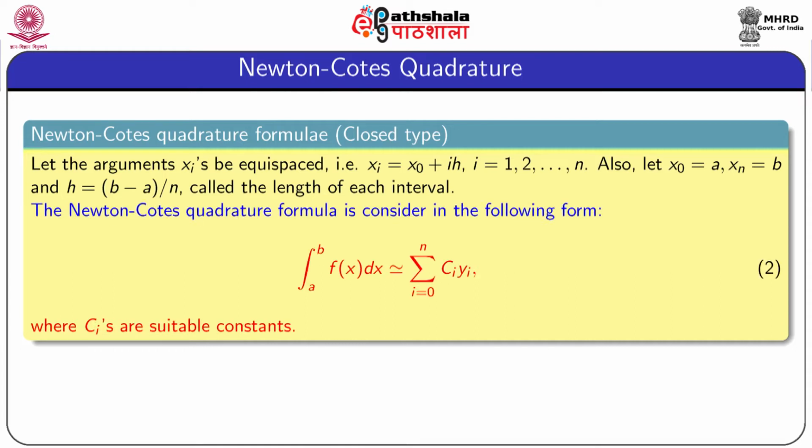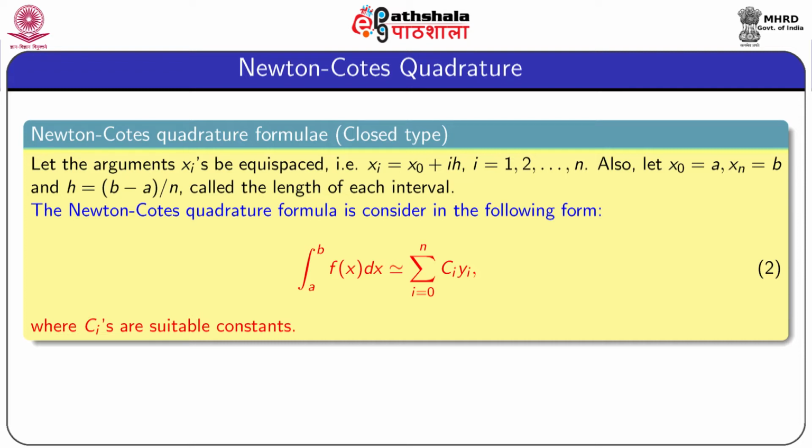The Newton-Cotes quadrature formula is considered in the following form: the integral from a to b of f(x) dx is approximately equal to the sum for i equal to 0 to n of ci yi, where ci are some suitable constants and yi are the values of the function evaluated at x equal to xi.